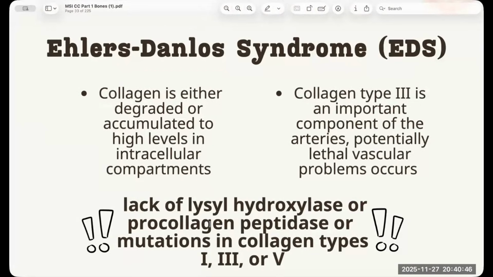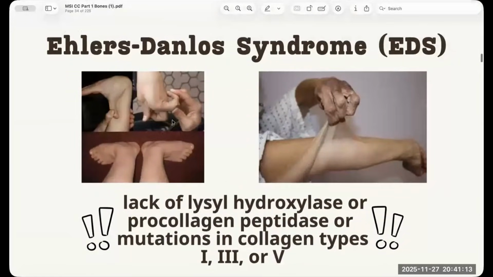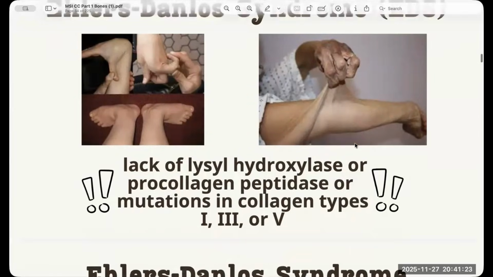The collagen is degraded to high levels in intracellular compartments, and it's mainly collagen type 3 that is important to arteries. So we have a deficiency of collagen type 3 here. It causes potentially lethal vascular problems. Okay, here are some pictures. So it shows laxity in joints, as you can see here, and hyperelasticity of skin, as shown here.